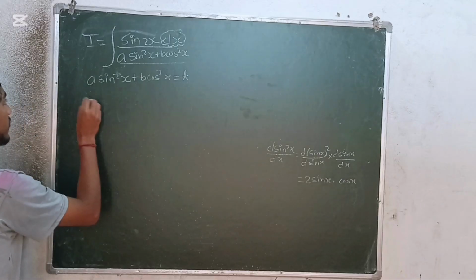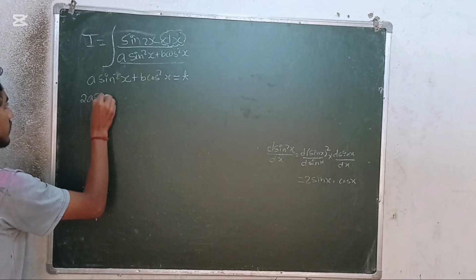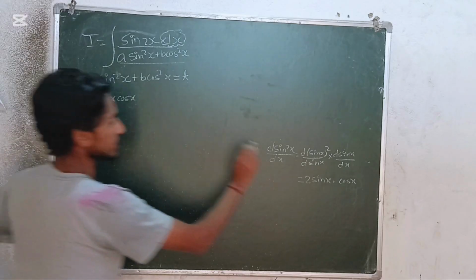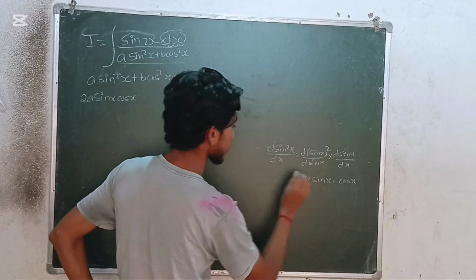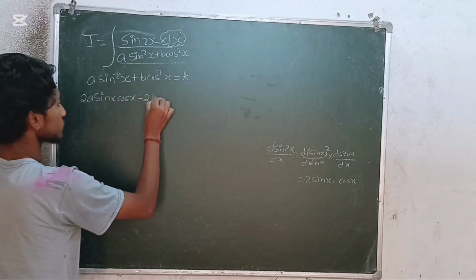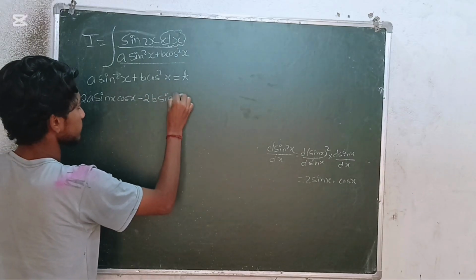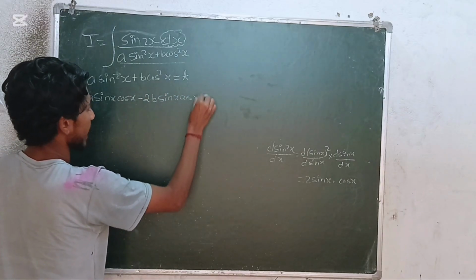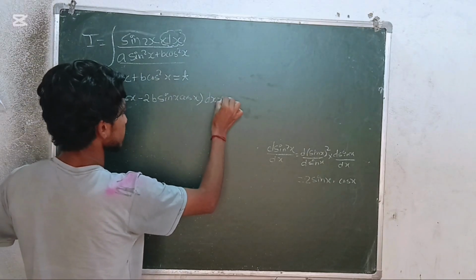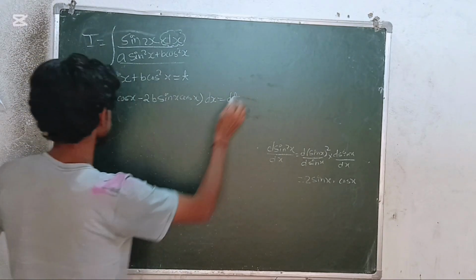So this is going to be 2a sine x cosine x, and for the cosine term you will get a negative sign, so minus 2b sine x cosine x, and this is going to be our dt over dx.